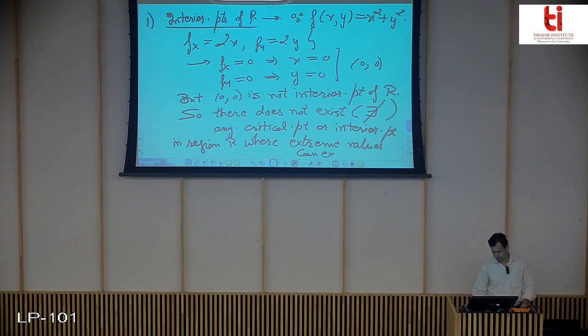We represent it by this symbol: if we write it like this, it means there exists, and if we write it like this, it means there does not exist. So from here it is clear that in the given question there is no interior point of the region R where there is any maximum or minimum for the given function f(x,y).